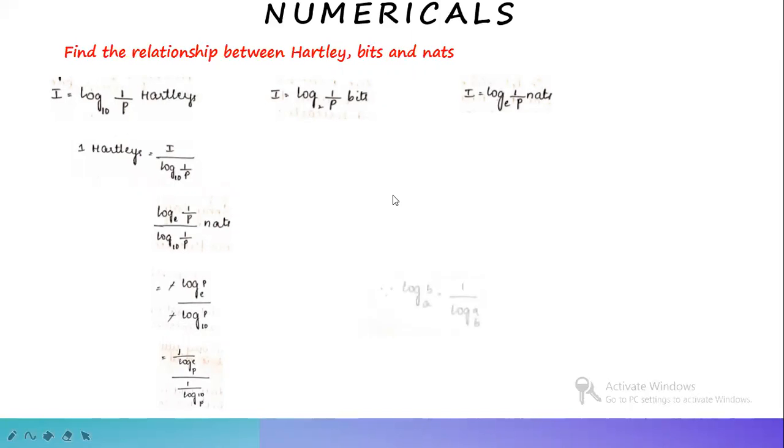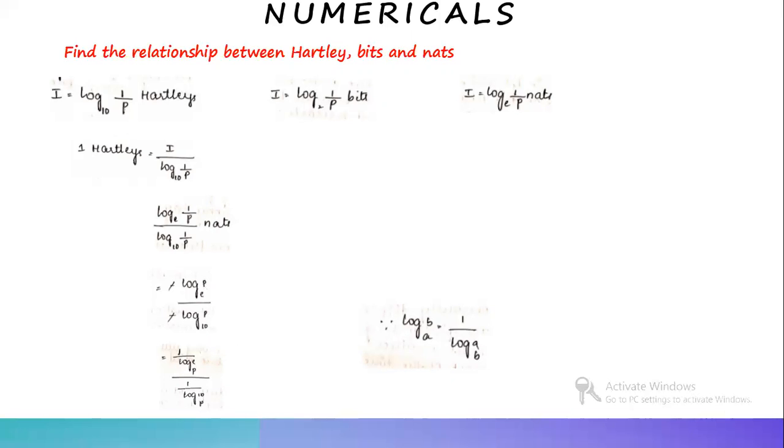This is by the formula log b a equal to 1 by log a b. See, in the numerator it's p and to the base it's e. So by using this formula, we can also write it as 1 by log e to the base p and 1 by log 10 to the base p.